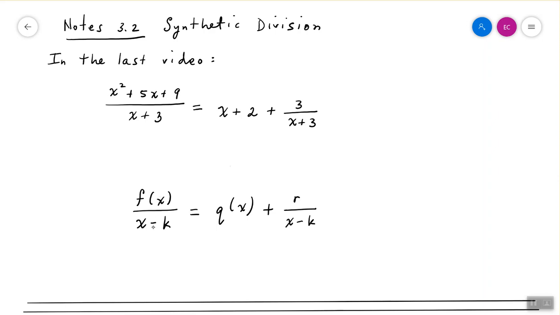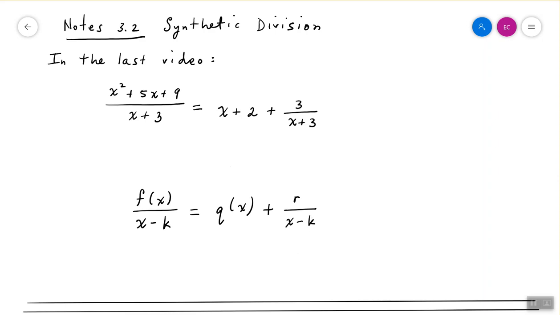In the denominator, the divisor is always first degree, always x to the first with coefficient 1 in front, minus k. And so we have a division of the form f of x over x minus k. And then we write our answer: q of x, the quotient, plus r, the remainder, divided by the divisor x minus k.